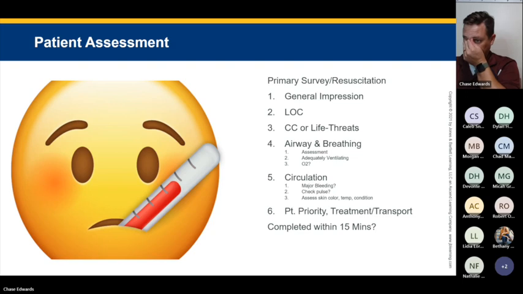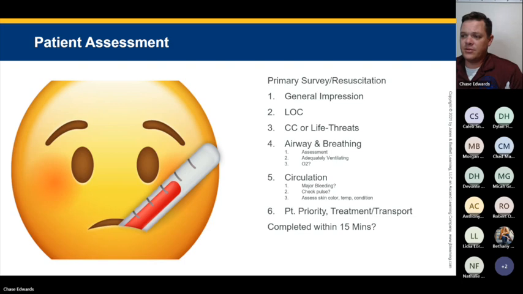I'm going to determine the chief complaint or apparent life threat, which as of right now is a diabetic emergency. Yep. No apparent life threats as of right now, no major bleeding, anything like that.